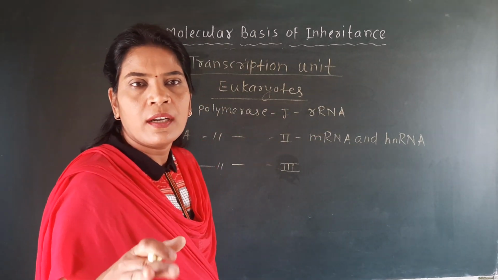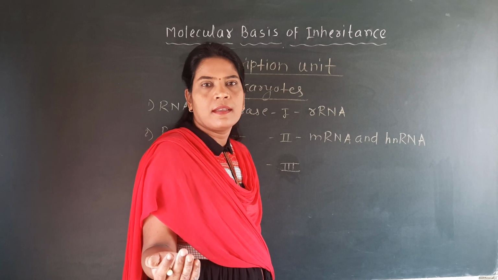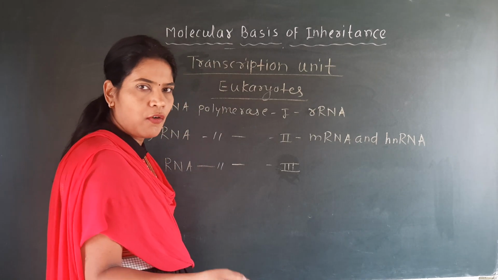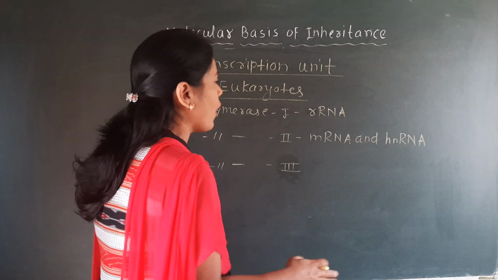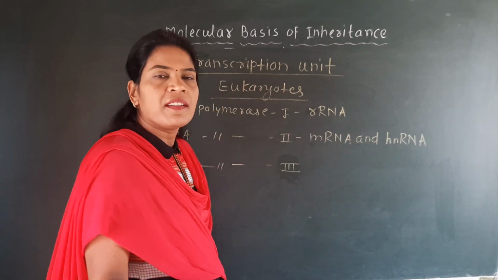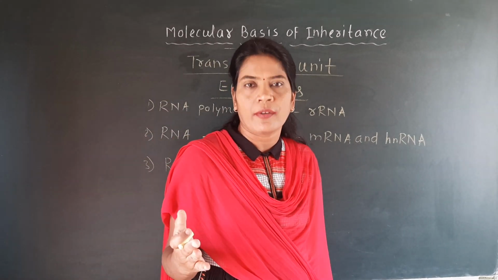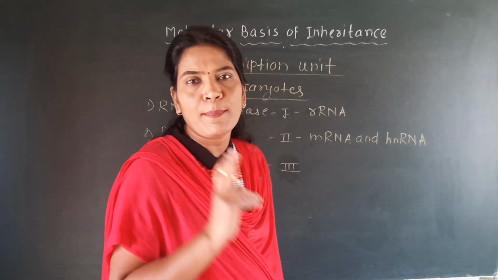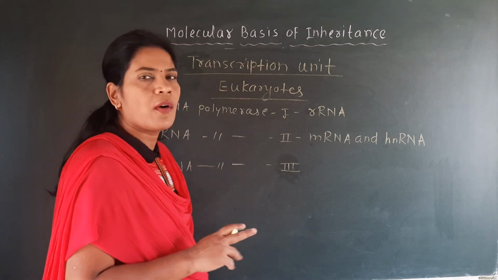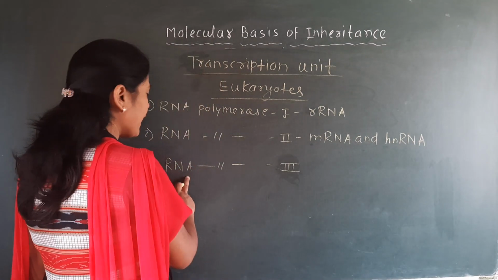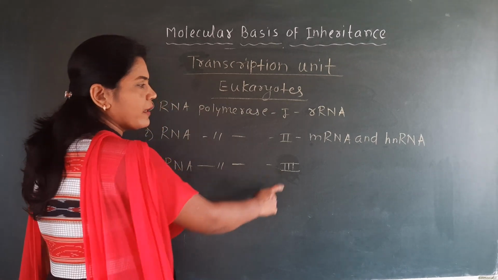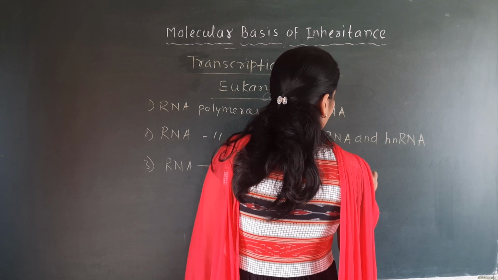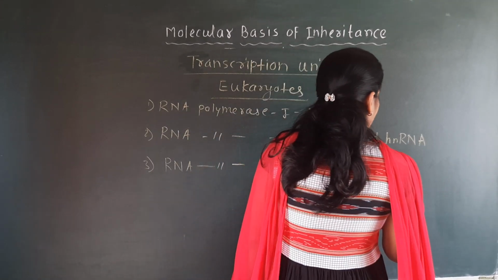In the next point I will discuss hnRNA, but here RNA polymerase 2 is involved in the formation of mRNA and hnRNA. These are two different things, why? That we'll see in the processing of the mRNA. So keep in mind that RNA polymerase 2 is involved in the transcription of mRNA and hnRNA. And the third type, RNA polymerase 3, is involved in the synthesis of tRNA and snRNA.